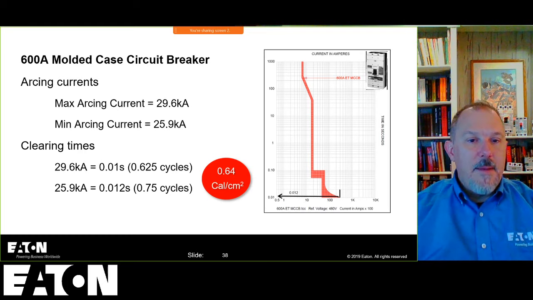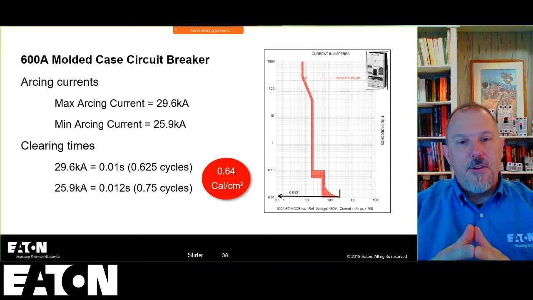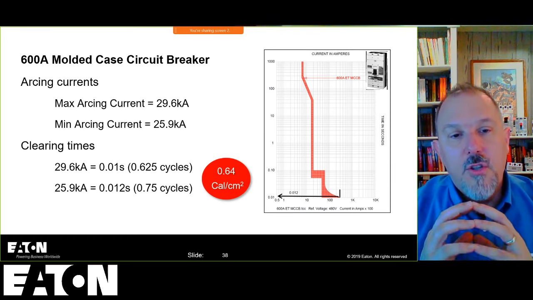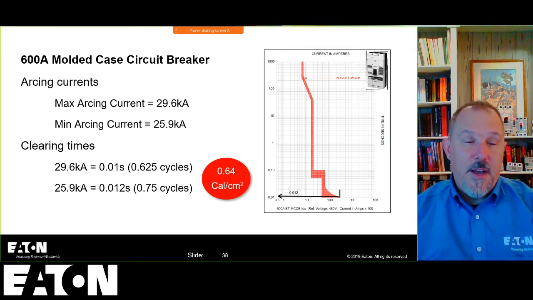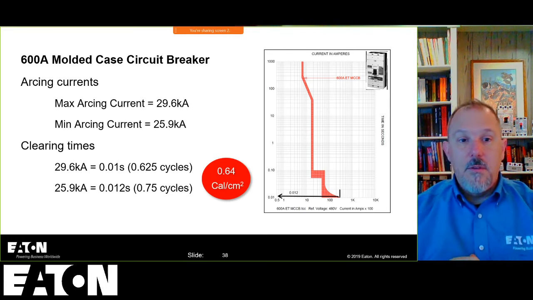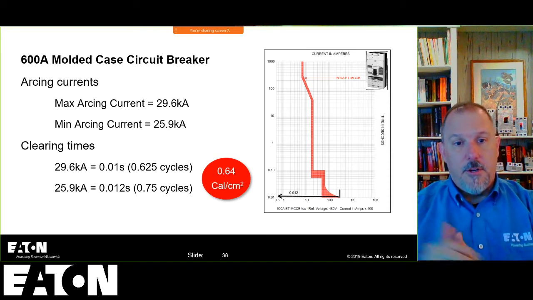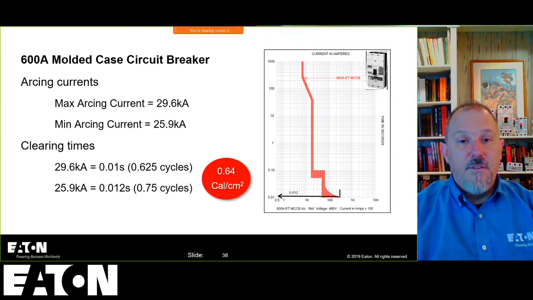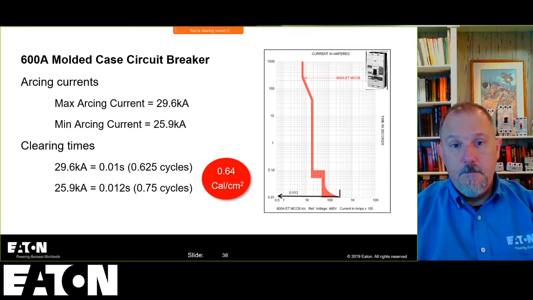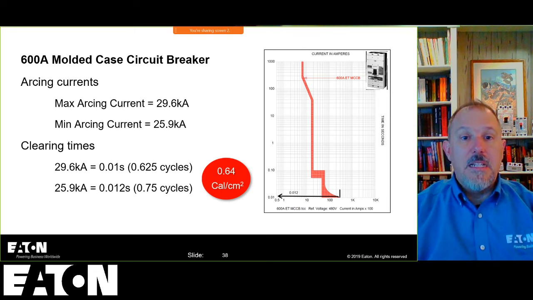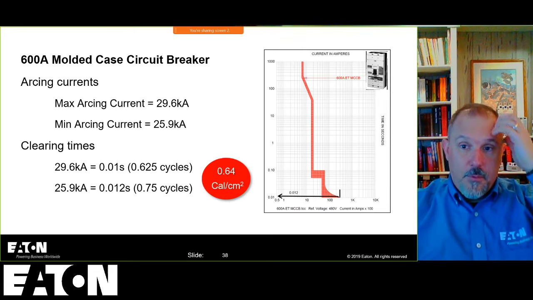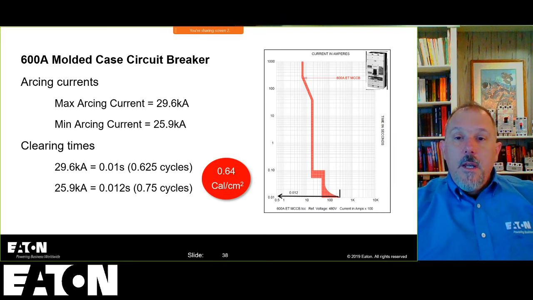The clearing time at 25,900, which is the lower number, is 0.75. So the calculated energy is based upon the 25,900 amp value, not the 29,600. And this is 0.64 calories per centimeter squared. All right, you're in daily wear. You're less than 1.2 calories at that point, which is a good thing.